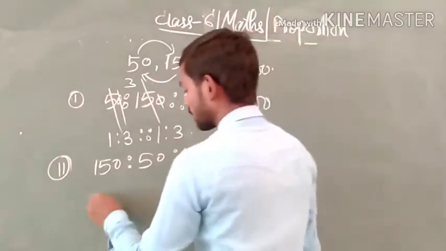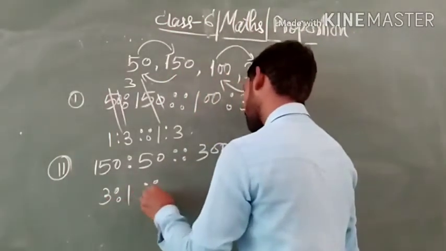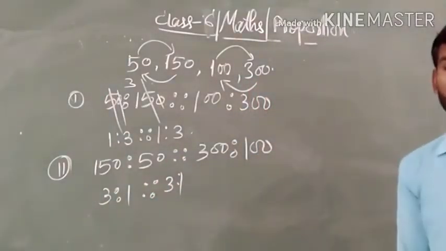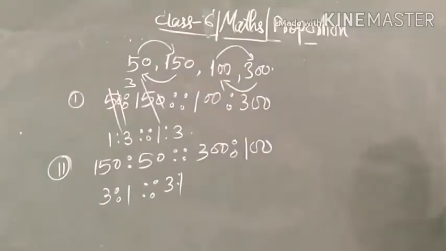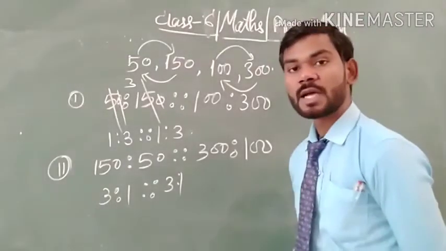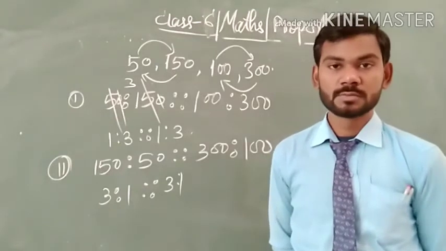We shall get 3 ratio 1, which is proportional to again 3 ratio 1. Okay, this case also represents that the numbers are in proportion.